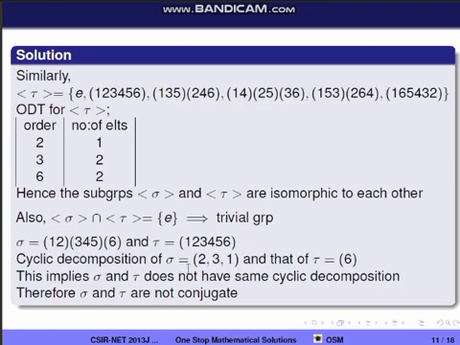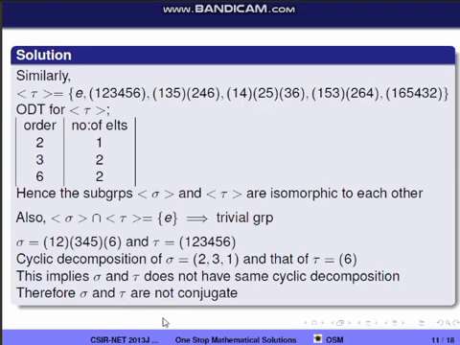So the cyclic decomposition is 2, 3, 1. Similarly, the cycle decomposition of tau is like 6. These two are not equal. If they were equal, the cyclic decomposition of tau should be like 2, 3, 1. But here it is 6. So they do not have the same cyclic decomposition. Therefore, they are not conjugate to each other.